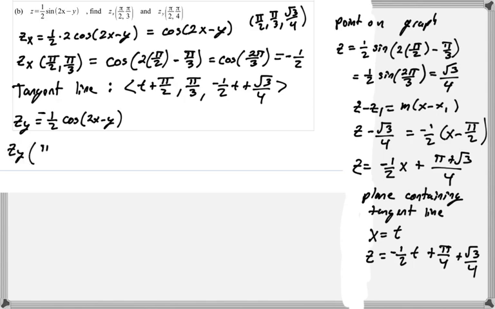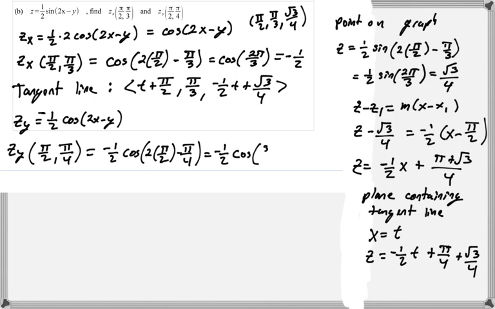So if we evaluate our partial derivative with respect to y at the point pi over 2 comma pi over 4, that's going to give us a slope of a tangent line in the direction of the y-axis. So we're going to go ahead and plug that point in. And so we're going to be finding negative 1/2 cosine of... no, that was the last one.